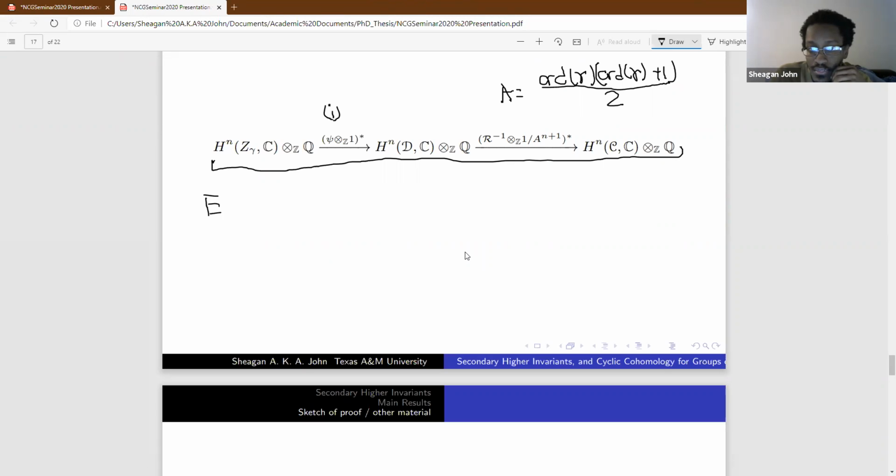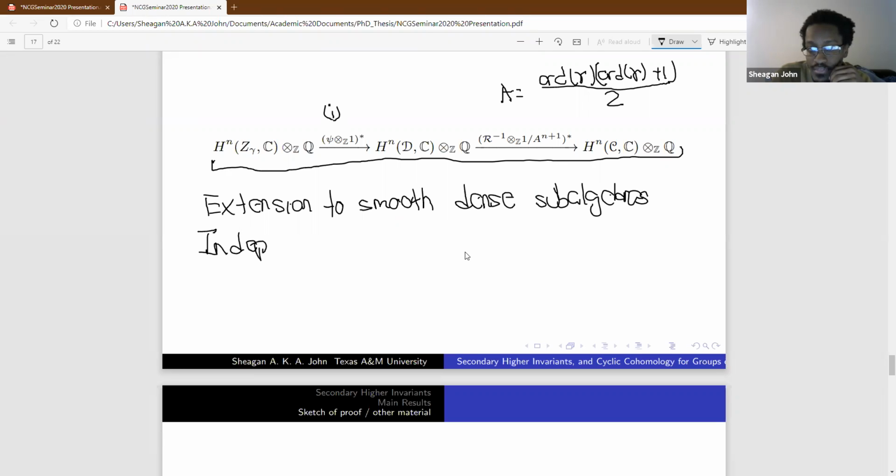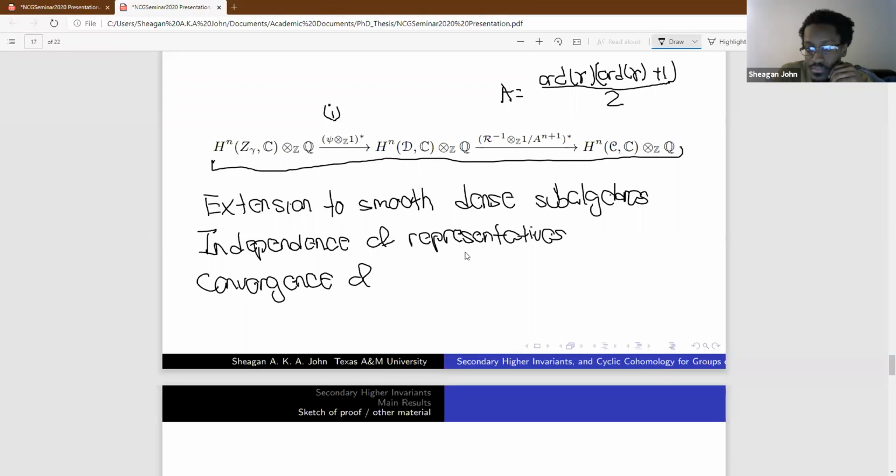So the extension to smooth dense sub-algebras, the fact that our pairings are independent of representatives, cocycle representatives, and just the overall convergence of our integrals is then a mixture of using this result and a lot of rather technical work on finite propagation and functional analysis estimates, norm estimates, and so forth.